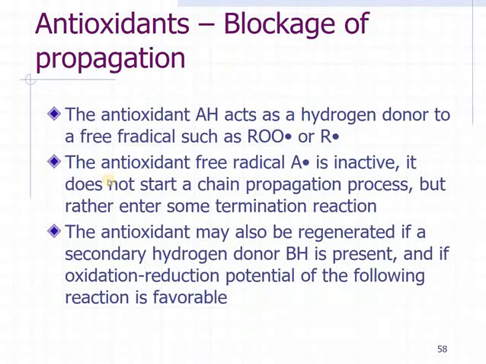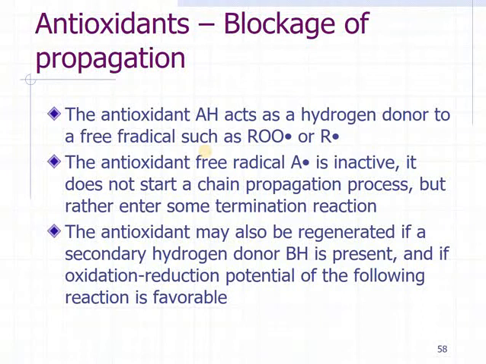So what happens when the antioxidant free radical is produced? Remember, if I have a pen and I give it to you, what happens to me? I don't have a pen. So once an antioxidant donates a hydrogen, it becomes a radical itself. But we don't want radicals. The nicest thing about the antioxidant radical that is formed when the antioxidant donates the hydrogen is that it is an inactive radical.